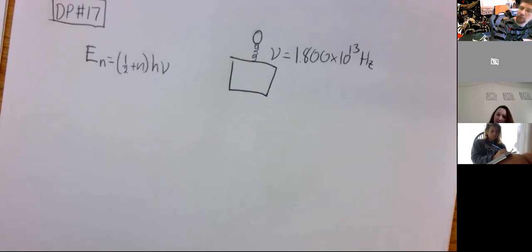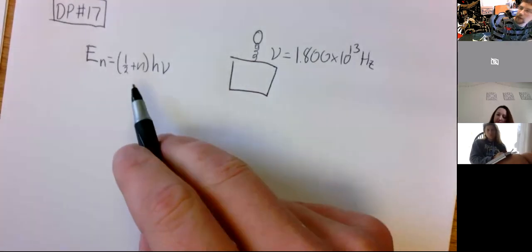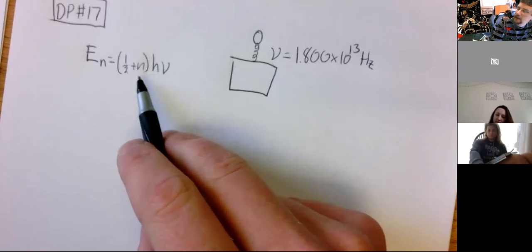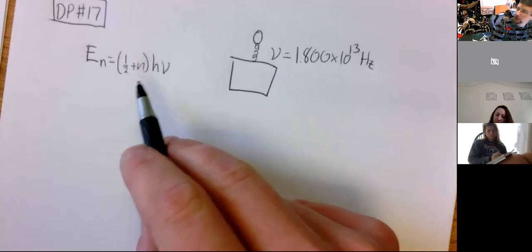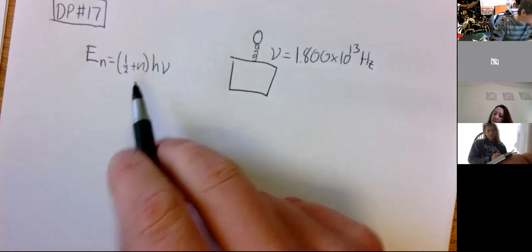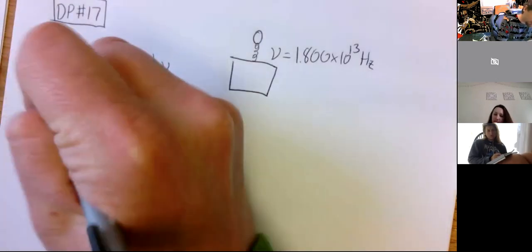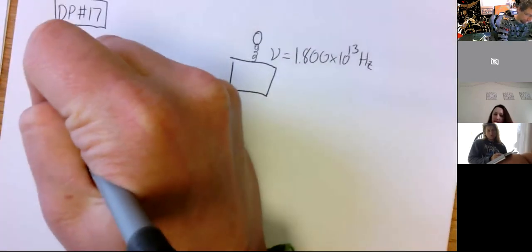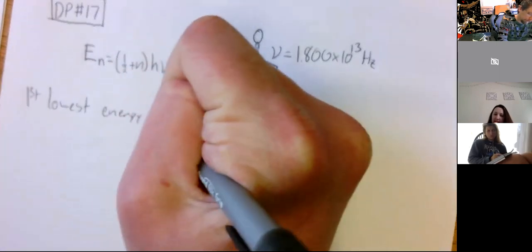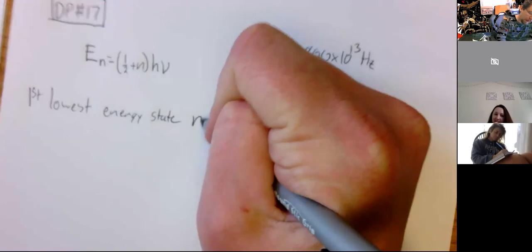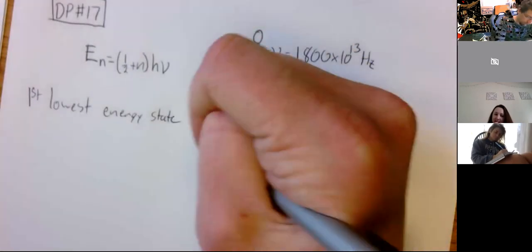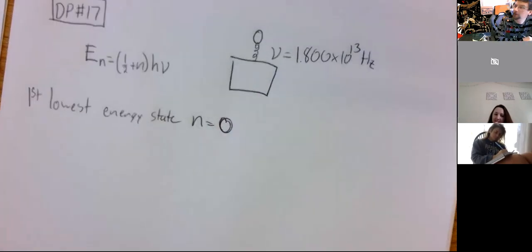If you remember from the reading, the different thing with this n is that you can actually have n equal to 0. So for the first lowest energy state, we have n equal to 0.